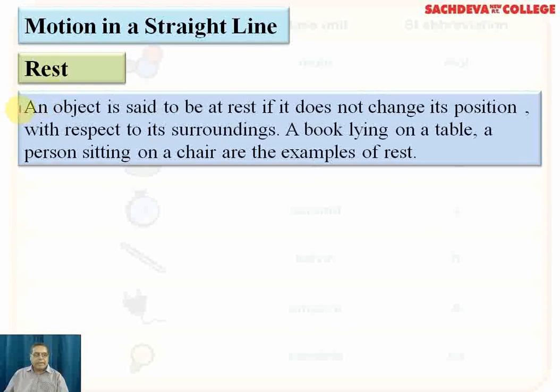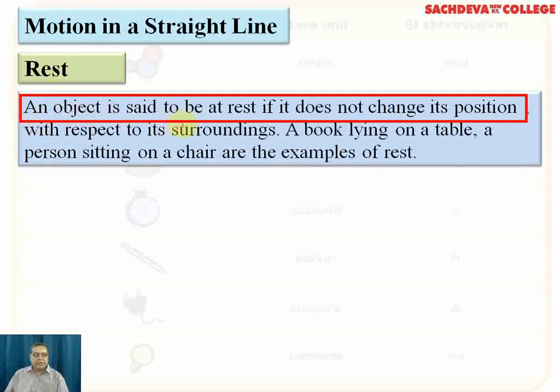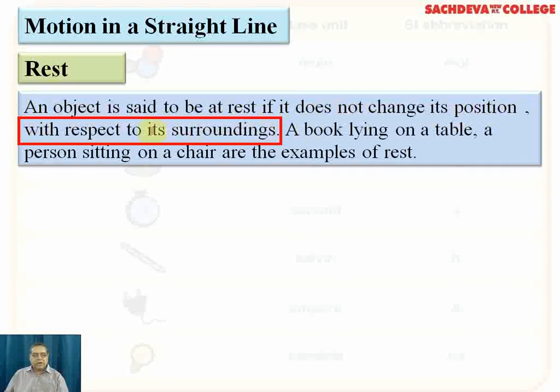For example, a book lying on a table or a person sitting on a chair are examples of rest. They are at rest with respect to Earth. Earth is of course moving with respect to space, but when the body is just kept on the Earth, that body is supposed to be in the state of rest.